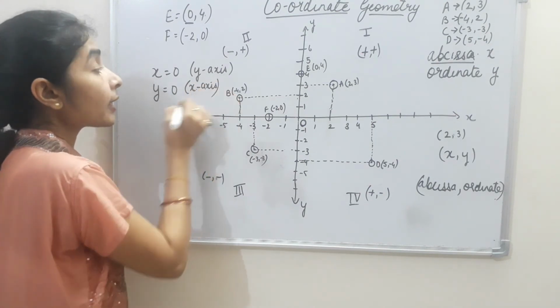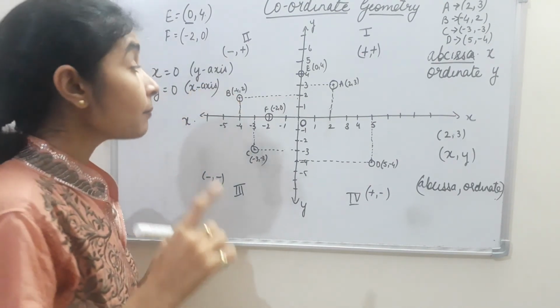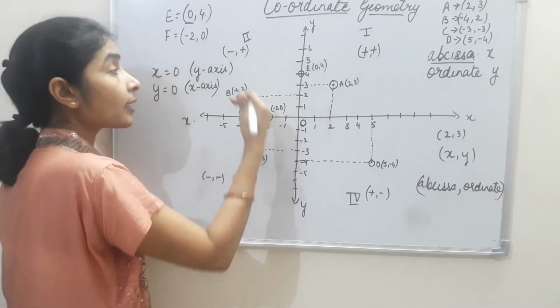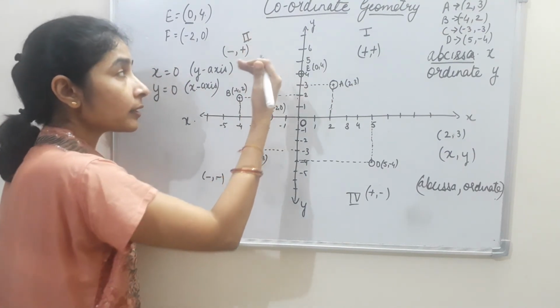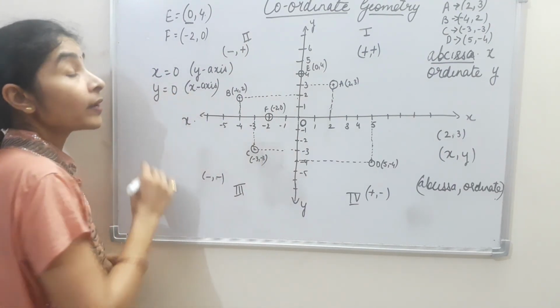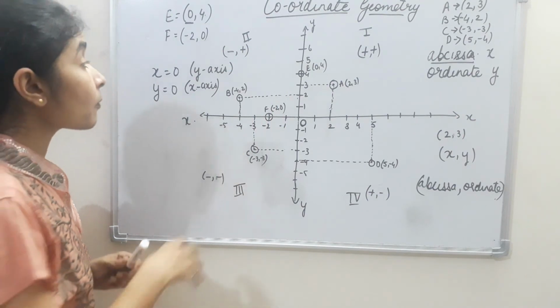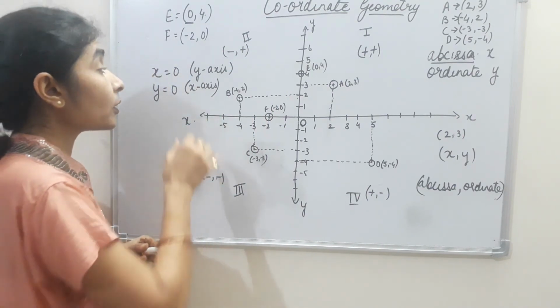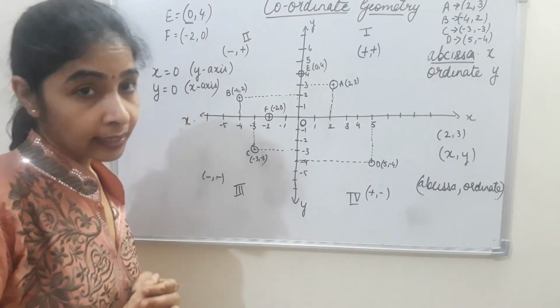It does not lie in any of the quadrants, because if the point is here, I can't say whether it is in the second quadrant or the third quadrant. It is lying on the axis. So whenever x is equal to 0, the point lies on the y-axis, and when y is equal to 0, the point will lie on the x-axis.